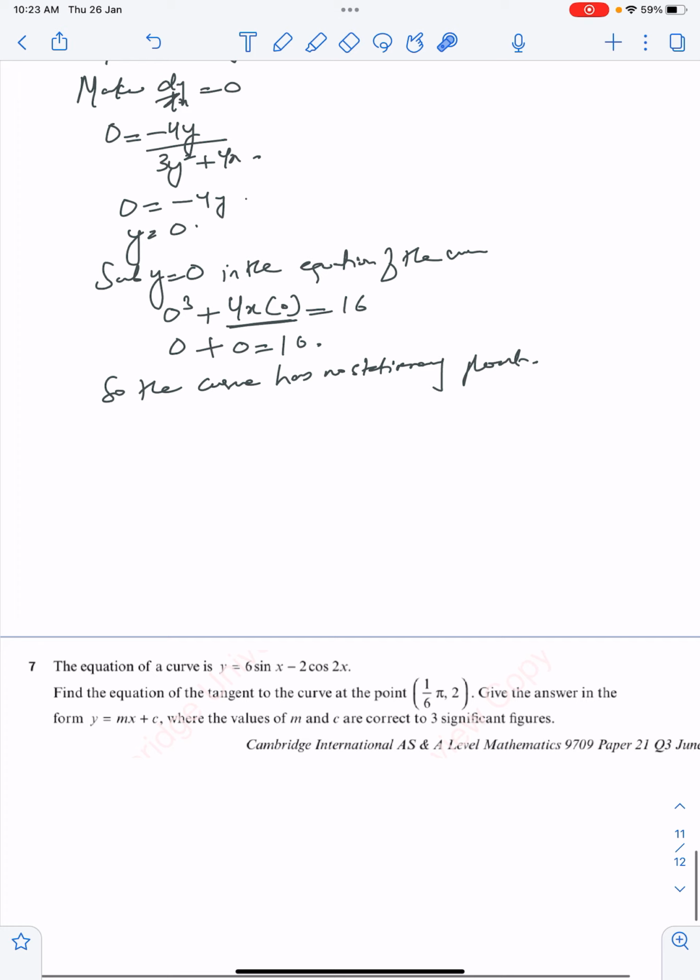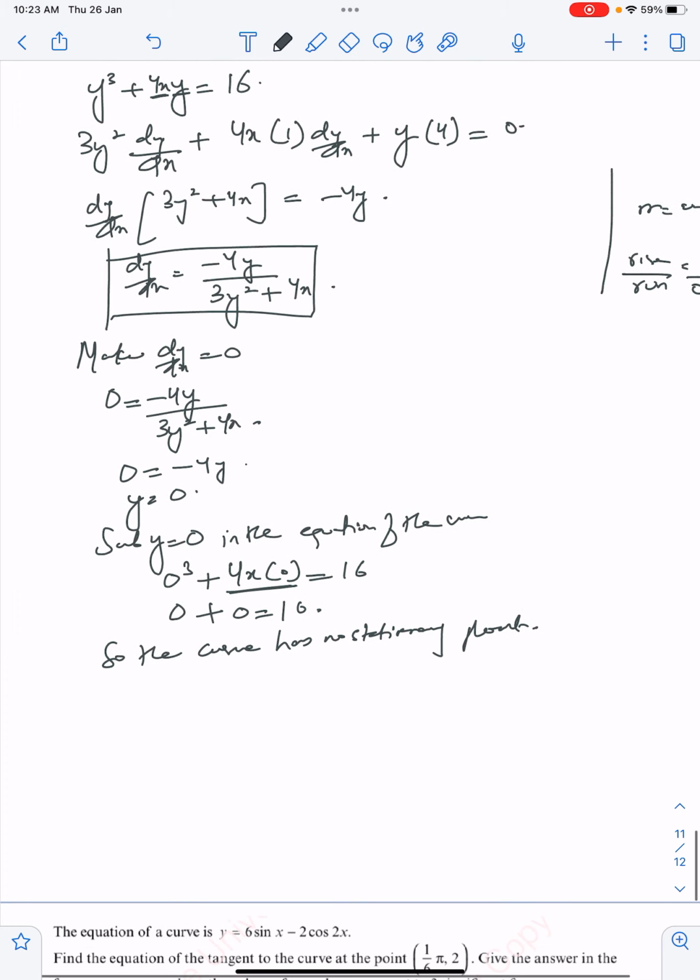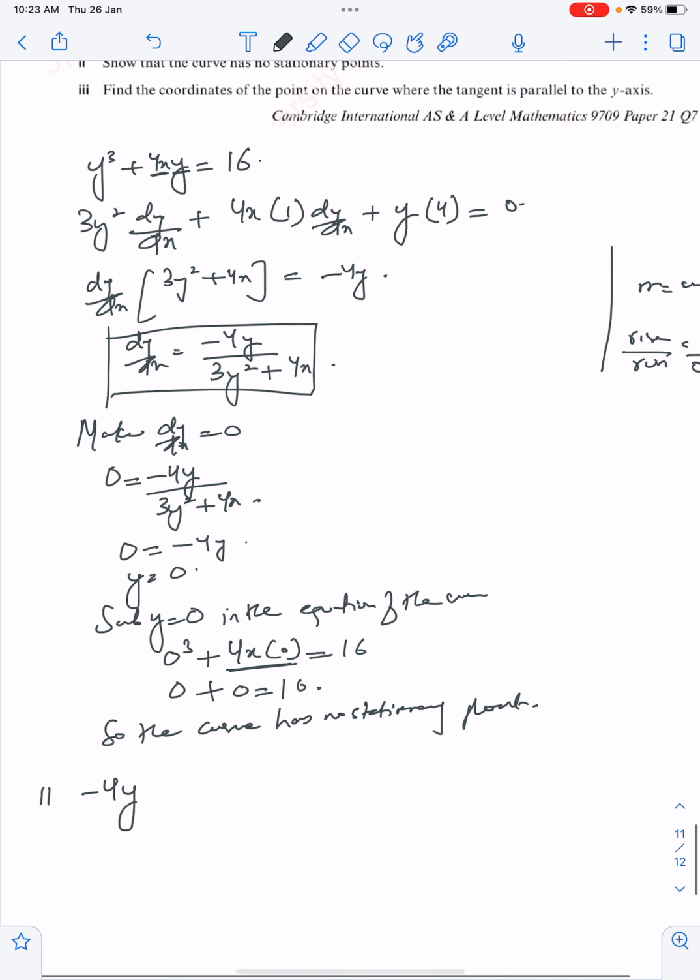Okay, I'm copying dy by dx from up here: minus 4y upon 3y square plus 4x equals, we know whatever is the rise, run is 0.